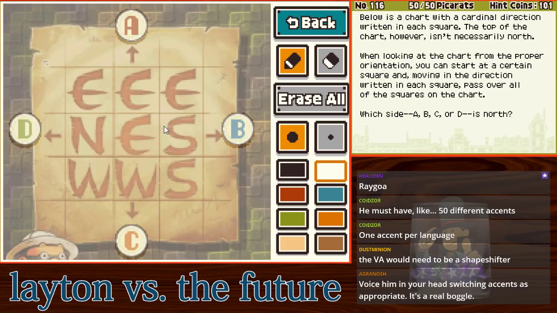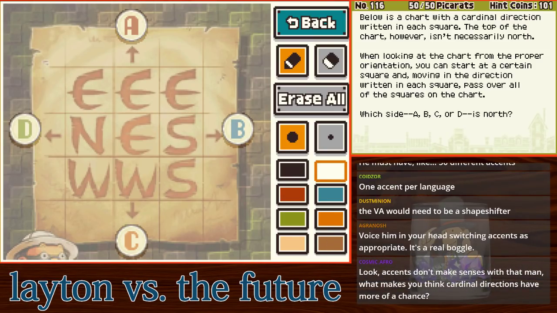No, it would not. A does not work. Right. A will never work. Well, actually, if east is left and north, that might be it. If east is left and you start at the center, I thought east is right. Well, east is technically right, but we want to figure out the actual orientation of the thing.